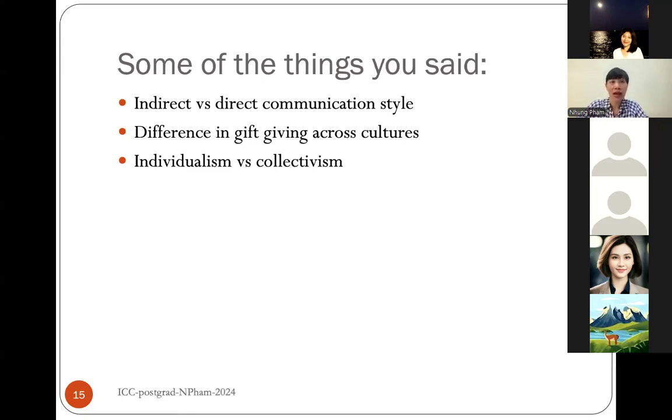And no one actually will lose face in this case. The listener can also take it as a request. If he or she takes it as a request, then he or she can turn the light on. Okay, so again, harmony can be maintained.